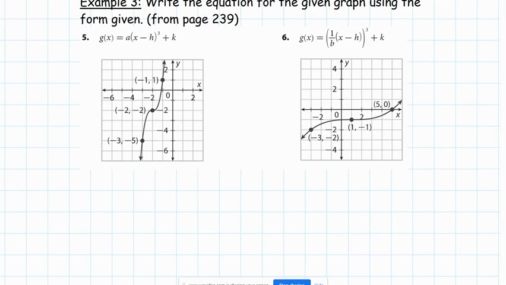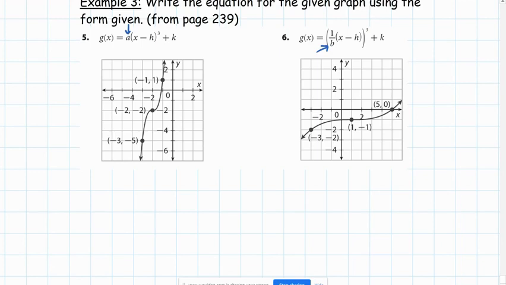And so that's why in the equations they indicated whether they wanted us to include a constant for A, or in this case, a constant for B. So rarely do we have an A and a B, because, like I said, horizontal compression is going to look the same as a vertical stretch on a graph. And so at least on these cubic graphs, that's true. And so we kind of have to know whether we're supposed to be changing it horizontally or vertically.